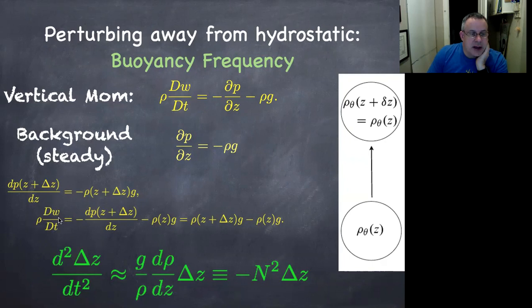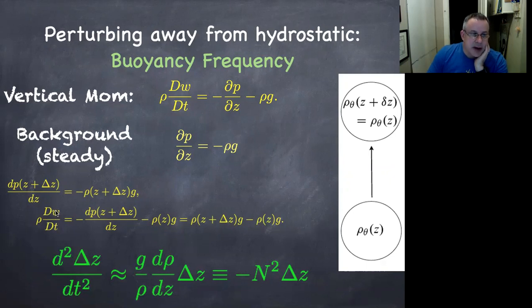And so the acceleration has the anomaly between the density at a particular height and the pressure at a different height, or potential density at a particular height and pressure at a different height. You take this, you Taylor series this guy with that guy. Sorry, this is just using the hydrostatic relation to convert this pressure into the equivalent rho g at that same depth. And now look, we've got rho at z plus delta z. We've got rho at z. We Taylor series this guy, and we find that we get an equation that looks like, oh, one more thing.